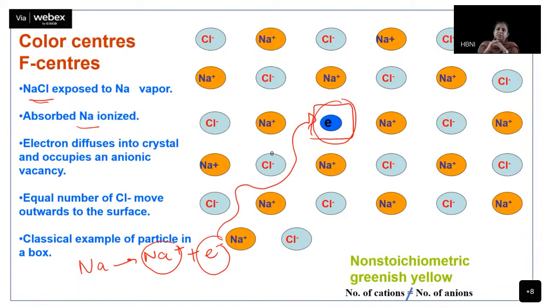The gap of those energy levels is lesser than the band gap of NaCl. And ये जो difference है, this lies in the visible region. That is the reason it can absorb and emit in the visible region. And once you heat your sodium chloride in Na vapor, it gets a color, greenish yellow color.